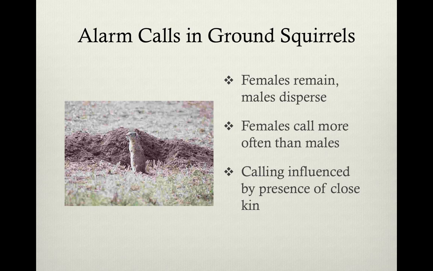So this behavior is absolutely mediated through Hamilton's rule in kin selection. And the rule of thumb here, the reaction norm, is: if surrounded by close kin, then alarm call. If surrounded by unrelated individuals, then don't.